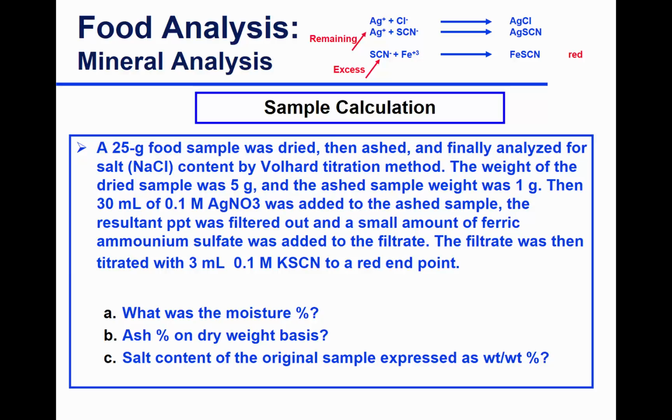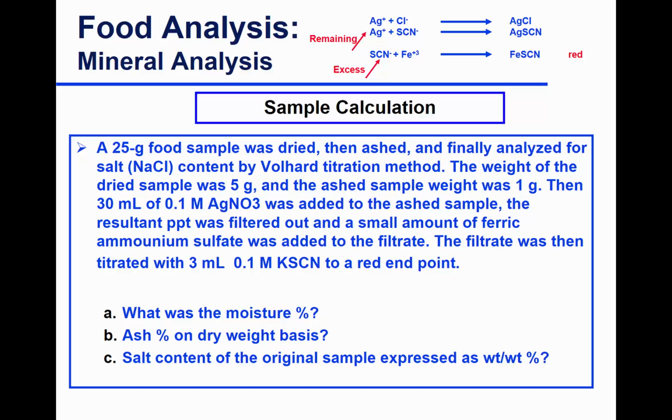So let's figure that one out. First we said we added 30 milliliters of 0.1 molar silver nitrate. We want to know how many moles this is equivalent to. So 0.1 molar is basically 0.1 mole in 1 liter, so in 1,000 milliliters. What we want to find is how many moles in 30 milliliters.